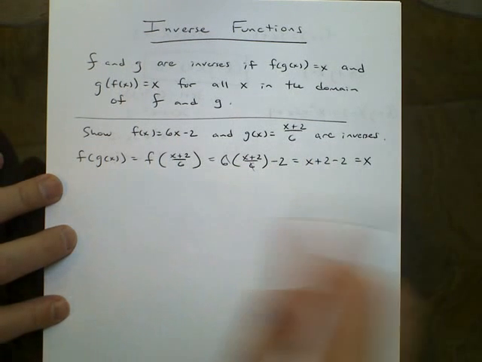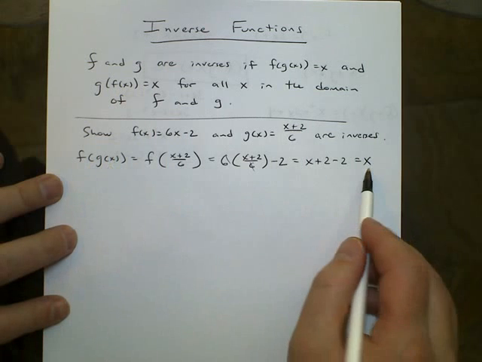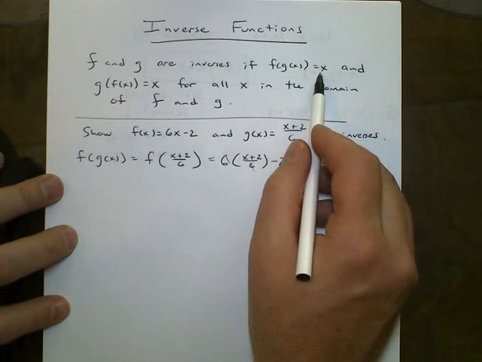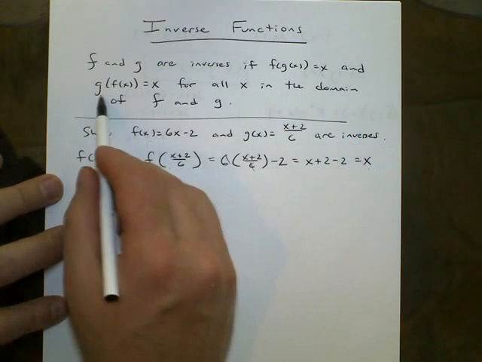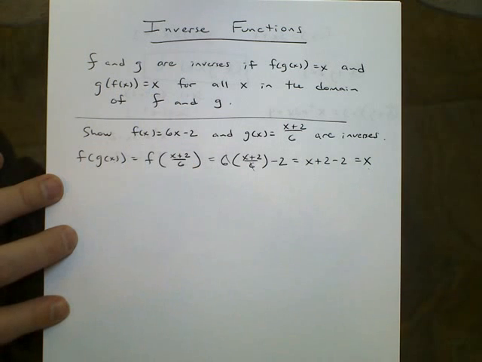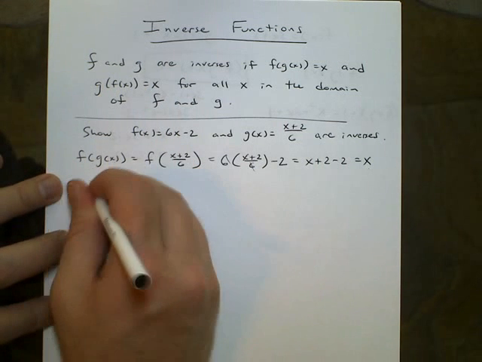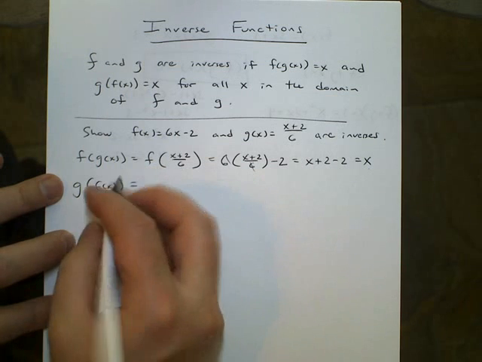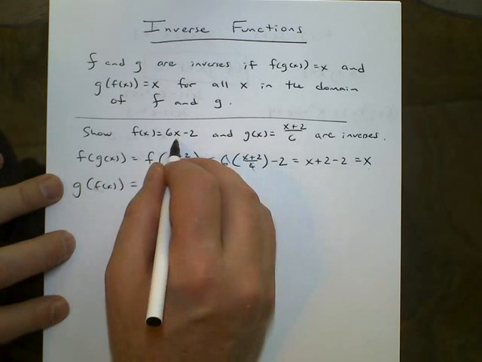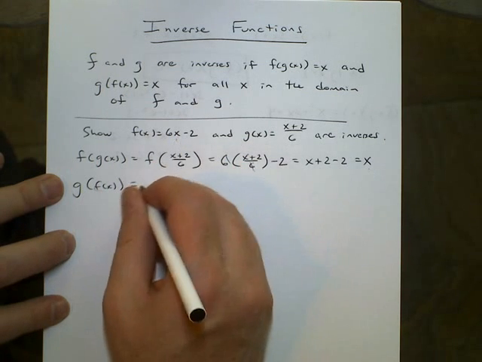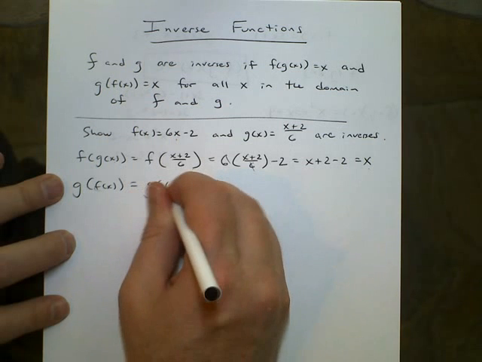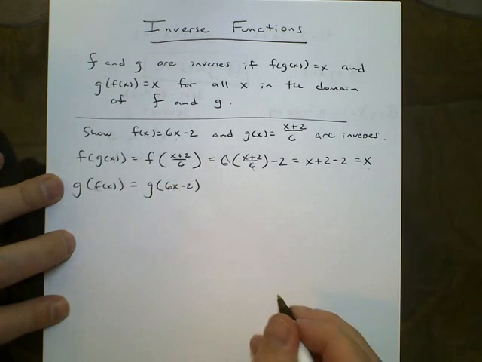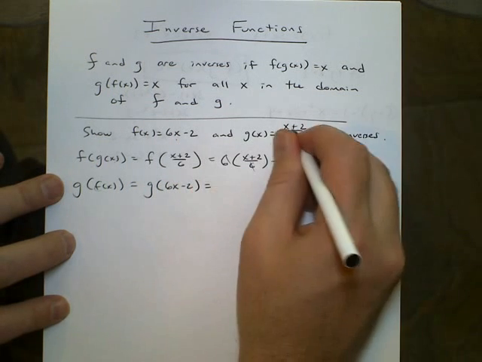We're halfway there. We've shown that f of g of x is equal to x. We now need to show that g of f of x is also equal to x. So g of f of x means we take f of x, which is this function, and plug it into g. So we're finding g of 6x minus 2. We plug that in for x.